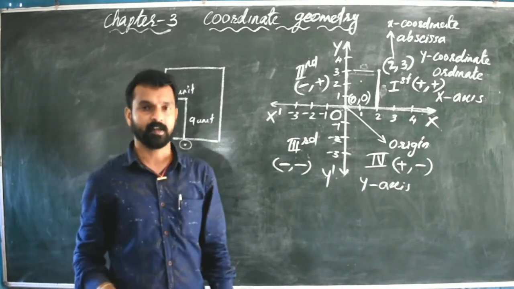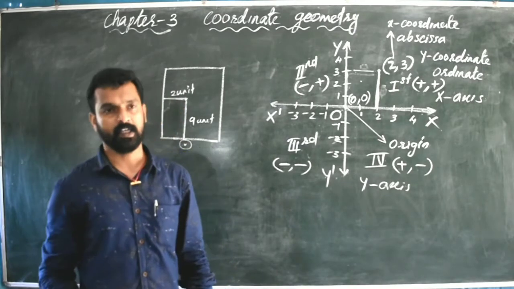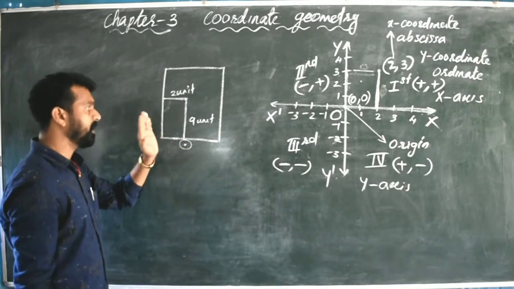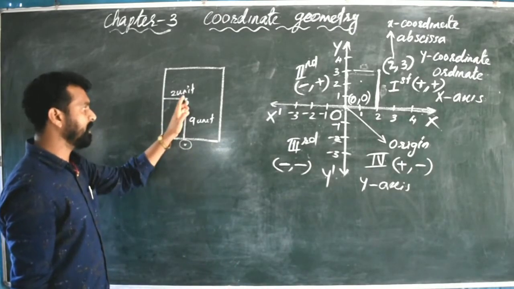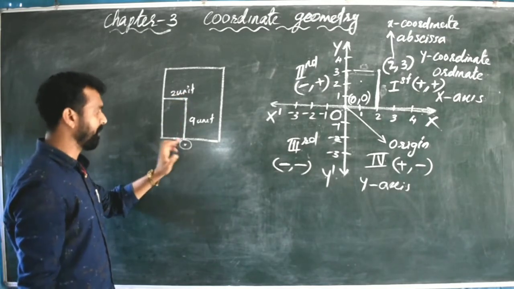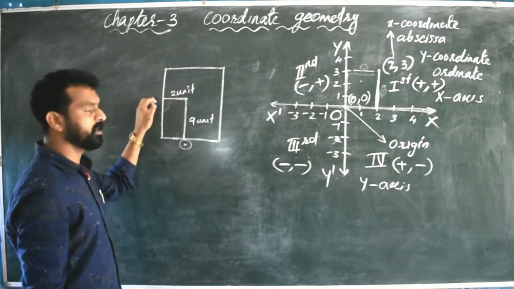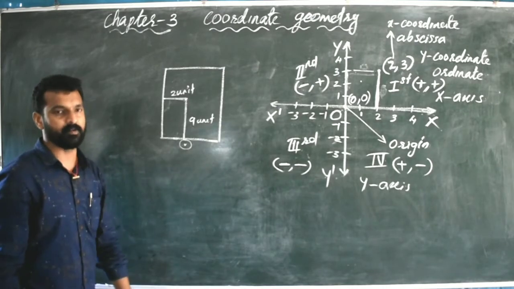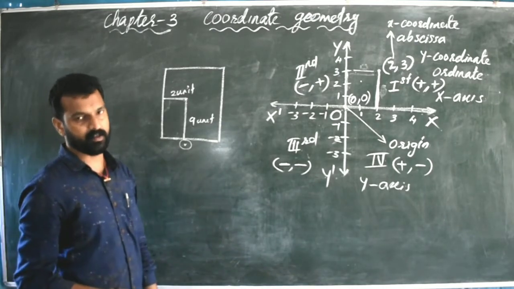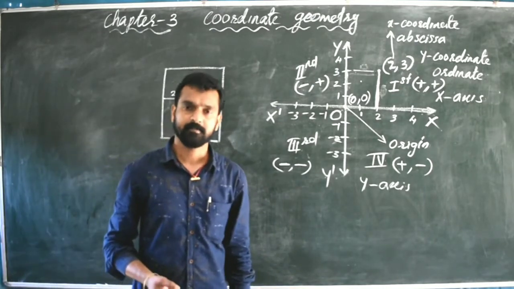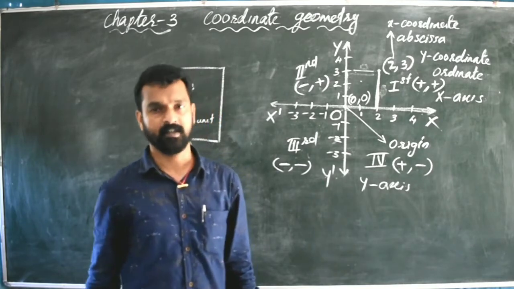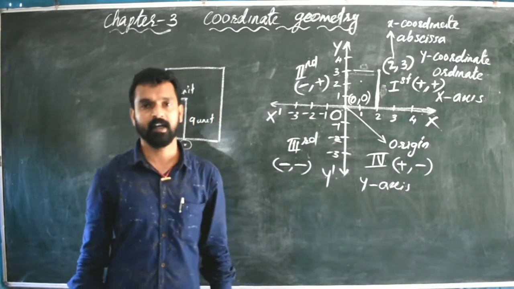After that you have to write the answer. The position of the table lamp is 9 units from your sitting place and 2 units from the left side of the table. That is the first question's answer, that you have to write by yourself.